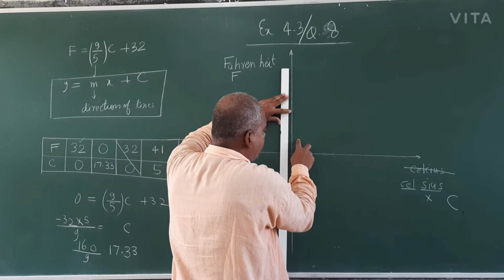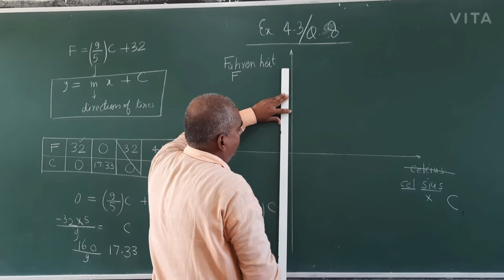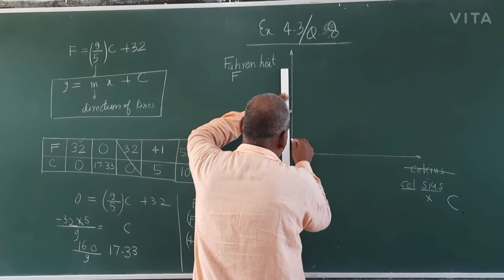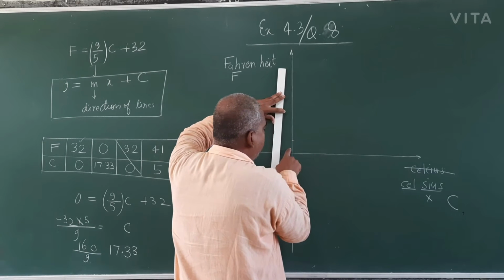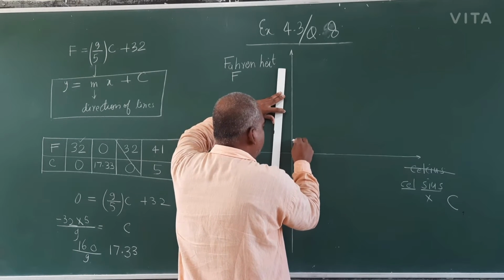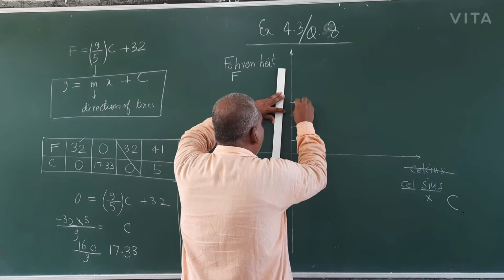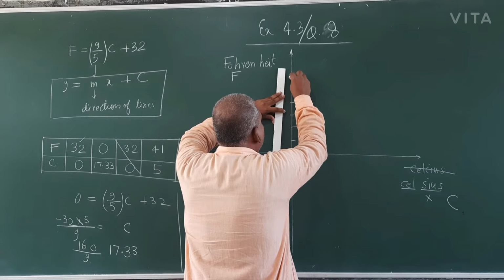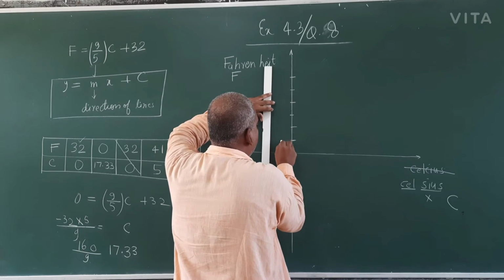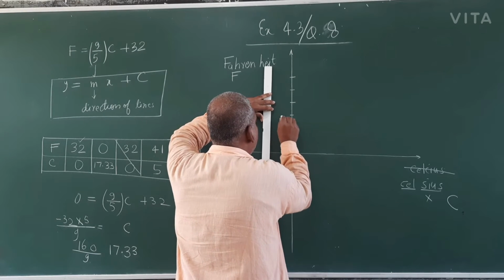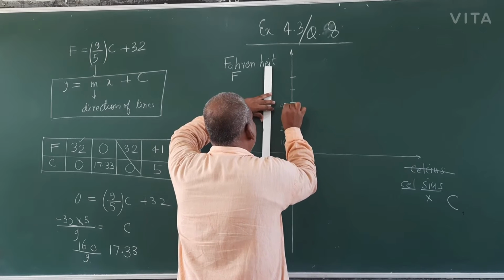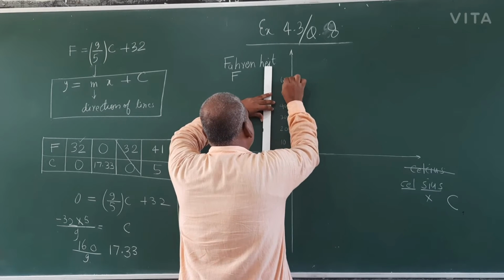So take 1 centimeter is equal to 10, because it is given here 1 mm, 2 mm, 3 mm. 1 centimeter is equal to 10, then 20, then 30, then 40, and 50, 60, like that.